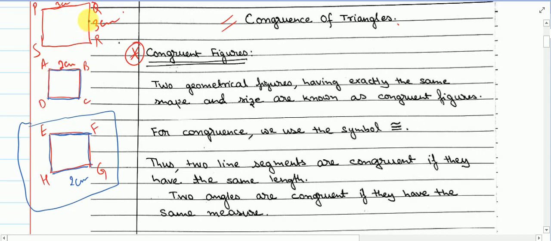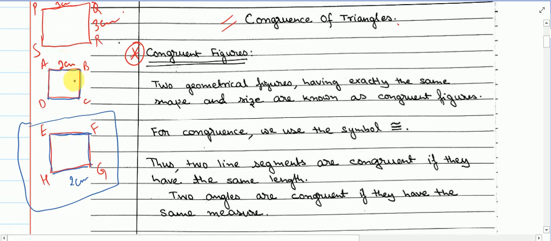Shape wise, square PQRS and square ABCD are the same, but size wise they are not. Whenever we talk about congruent figures, those figures have to have the same shape as well as size. Like ABCD and EFGH, shape wise they were the same, square, and size wise also the same.